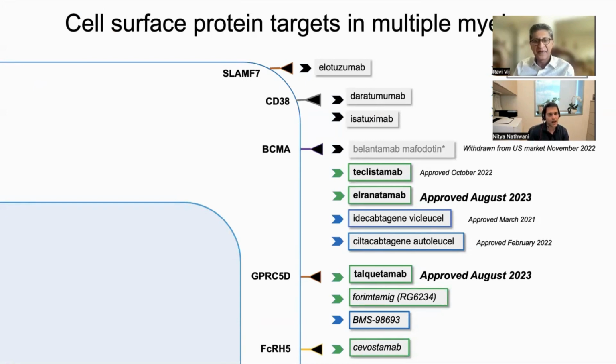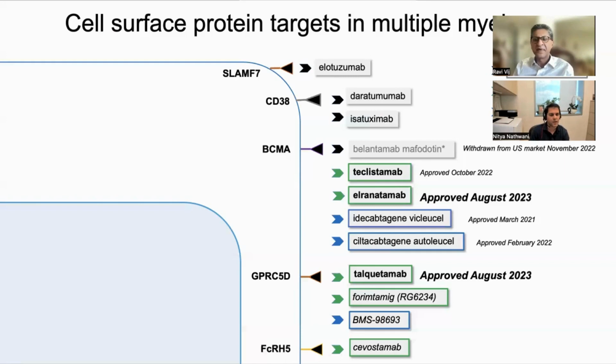We have two CAR T cells that are approved. There's idecabtagene vicleucel or ide-cel, which was approved in March of 2021. That was the first BCMA targeted therapy to be approved. And then ciltacabtagene autoleucel or cilta-cel was approved about a year later in February 2022, also targeting BCMA.